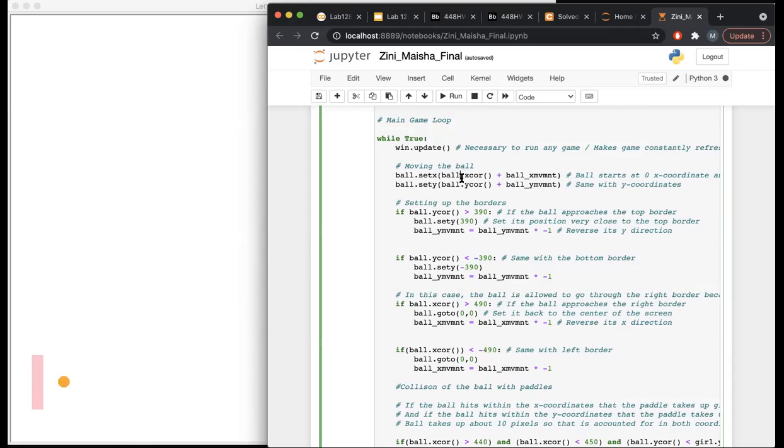Earlier we defined ball x movement and y movement to be 1 and 1. That means it moves to the right by 1 and up by 1. So ball.setx and ball.sety say that at each iteration, the ball starts at the x and y coordinates of 0 and then moves up and to the right by 1.